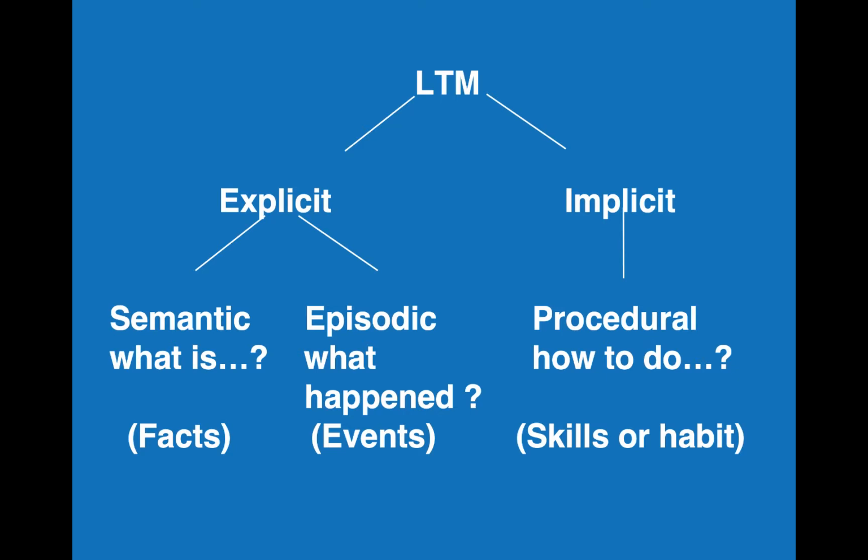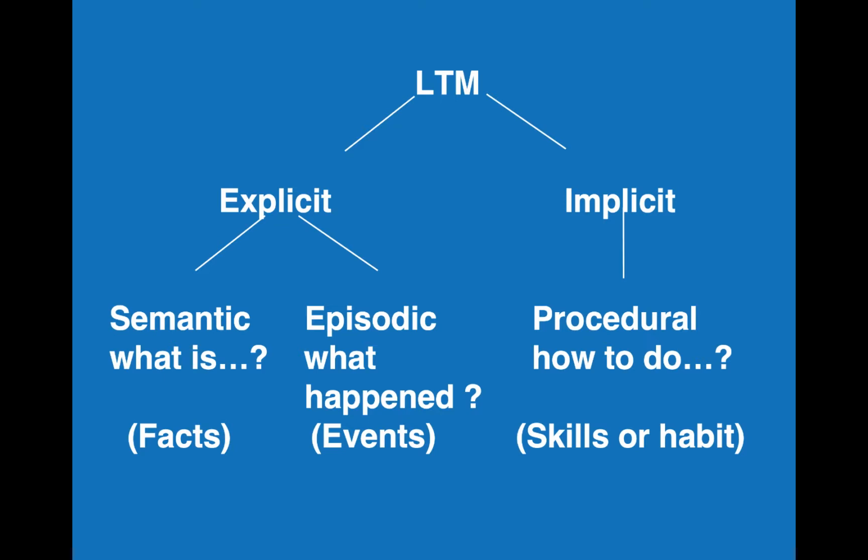Long-term memory can be recategorized into explicit memory and implicit memory. Semantic and episodic memory belong to explicit memory because they are based on fact and event. Procedural memory is more implicit long-term memory.